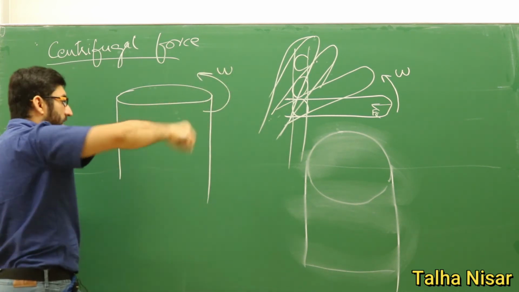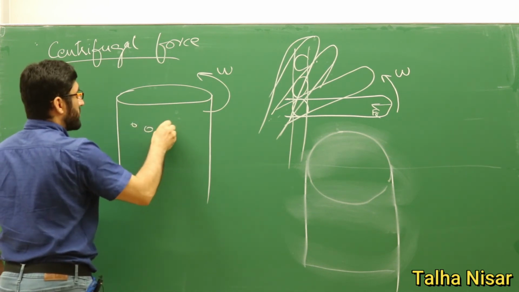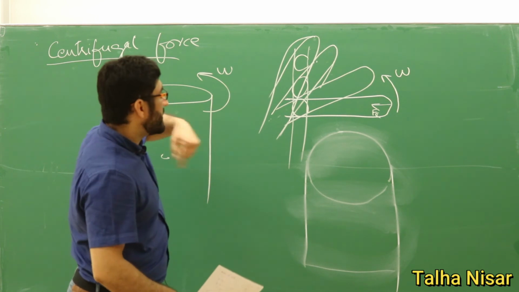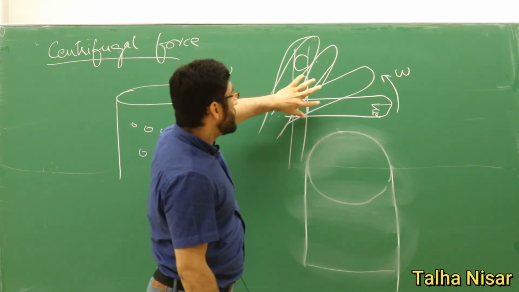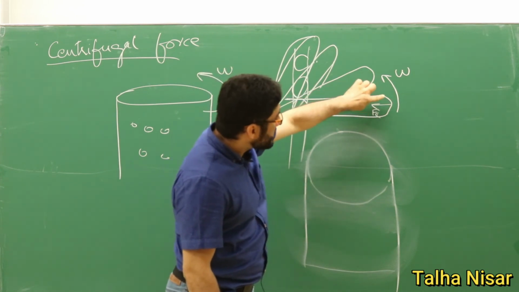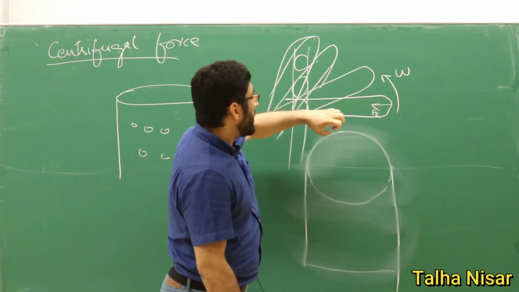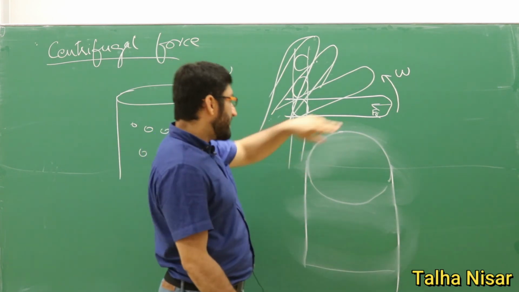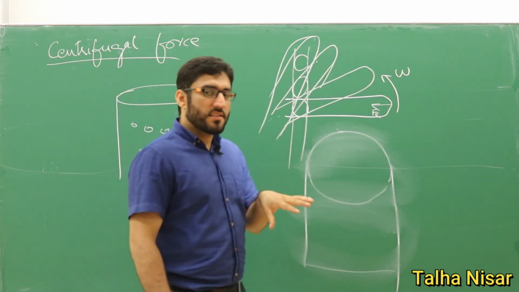And when it is spinning, the water will try to go towards the edges. In the marble case, there was something solid there, the marble was stopped, and a centripetal force was keeping the object in a circular path.